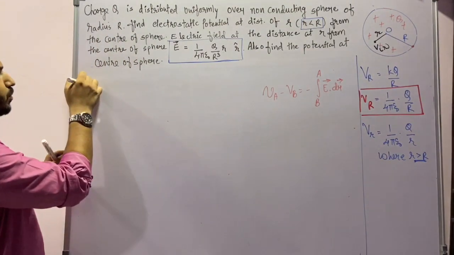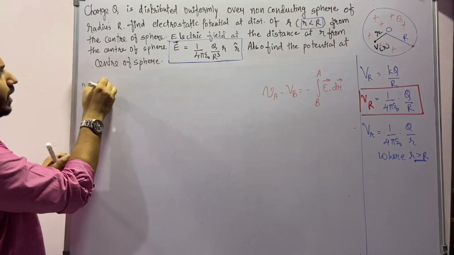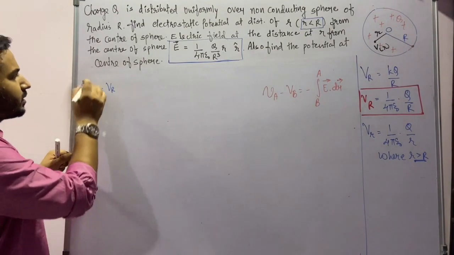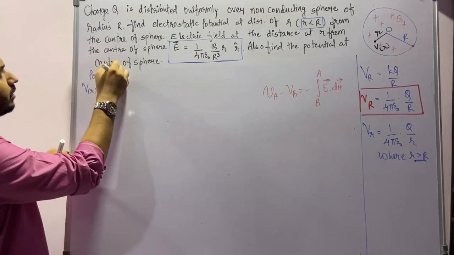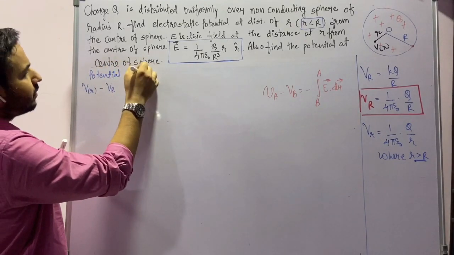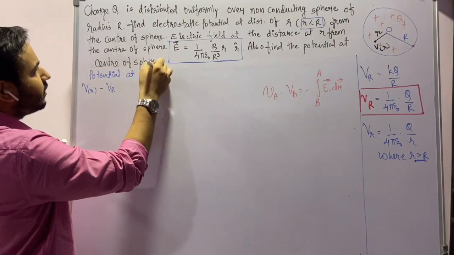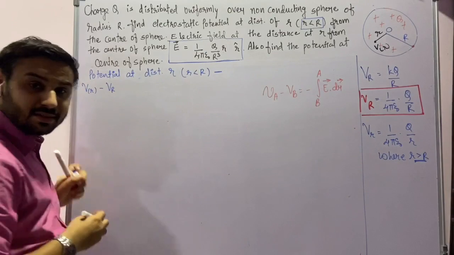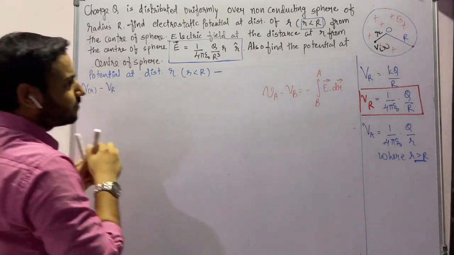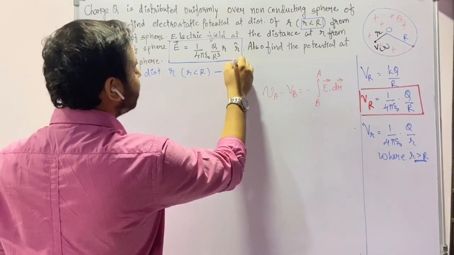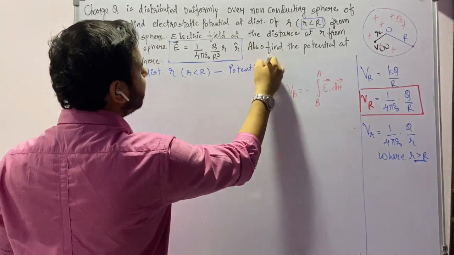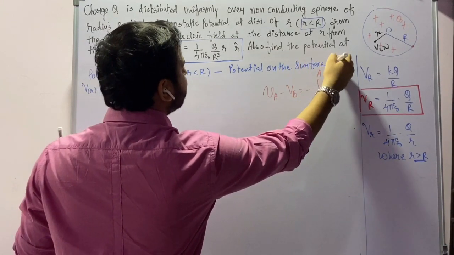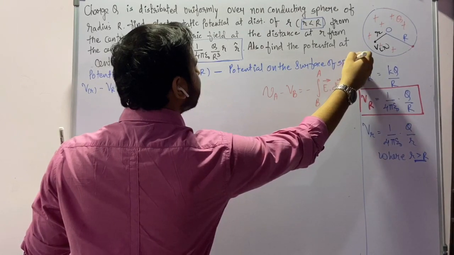Now let us understand what I am writing here. What is potential difference? Potential difference between V of r minus V of capital R. Where is this? What is V of r? That is the potential at distance r, where r is less than R, minus, this is V of R, the electric potential, obviously, on the surface of the sphere.